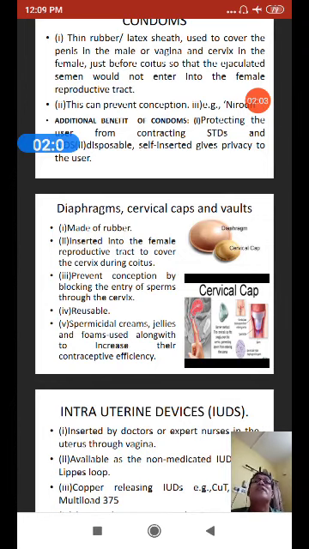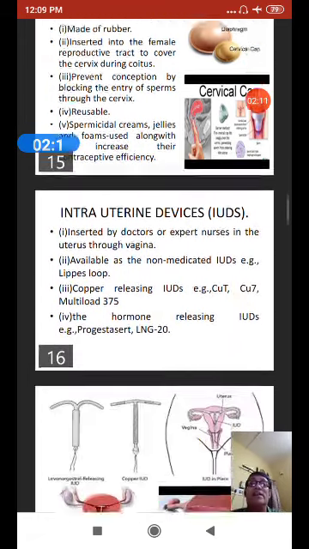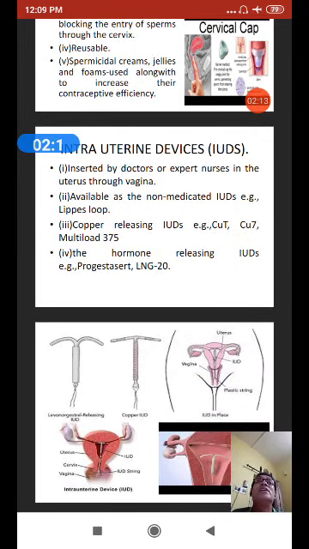Very next are the diaphragm, cervical caps and balls. These are made of rubber and are used in different ways in the female vagina. Next we are talking about the intrauterine devices, IUDs. They are placed by doctors and nurses in the uterus through the vagina. These are non-medicated IUDs, Lippes loop, and copper-releasing IUDs, Copper T, Copper 7.